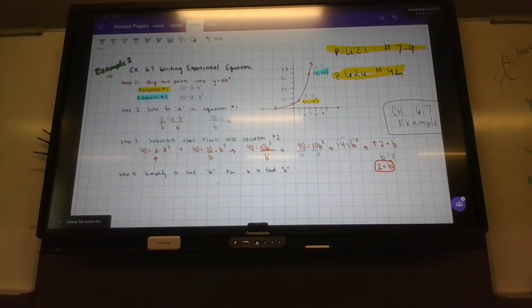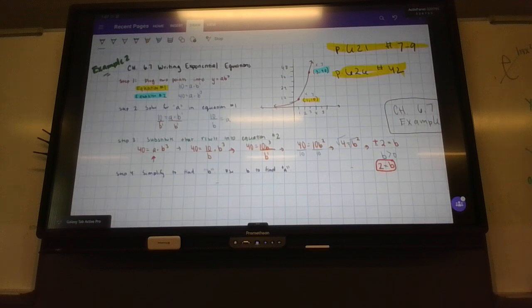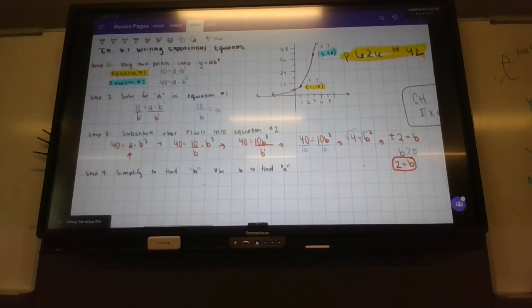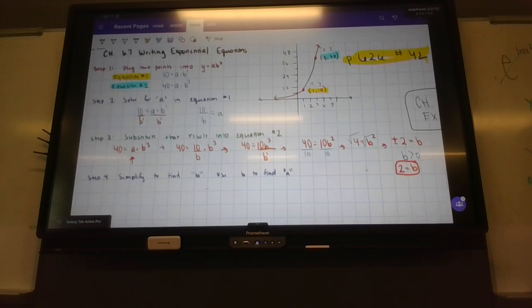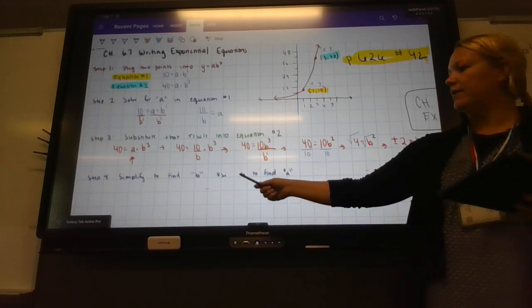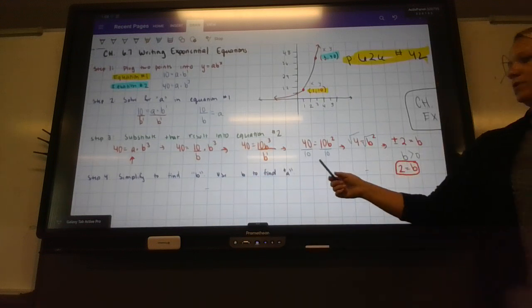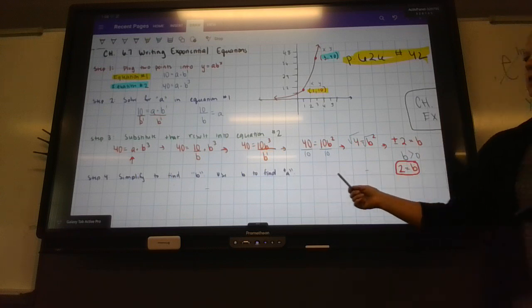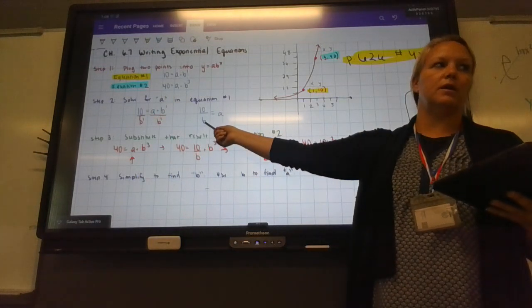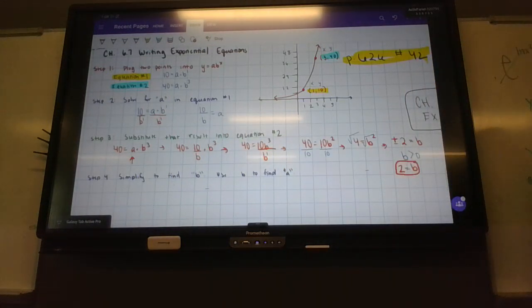So last step is to find a. You're supposed to know a and b. So now that we found b, 2, we're gonna use b to find a. So I'm gonna go back to step 2 and plug in, and that tells you a.